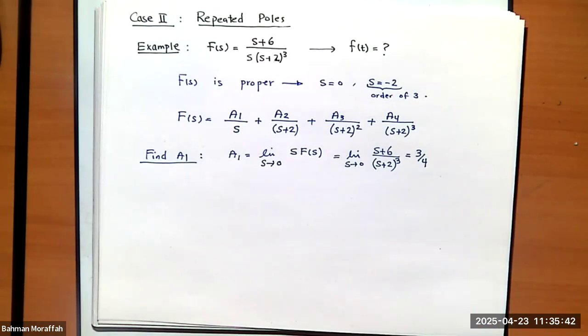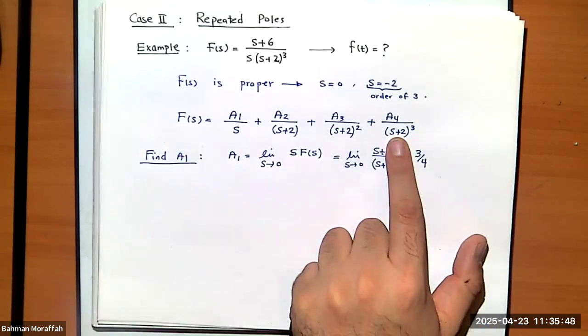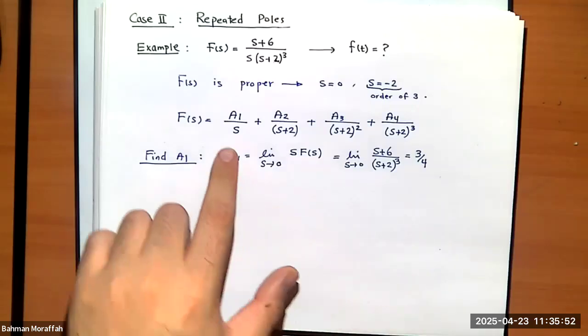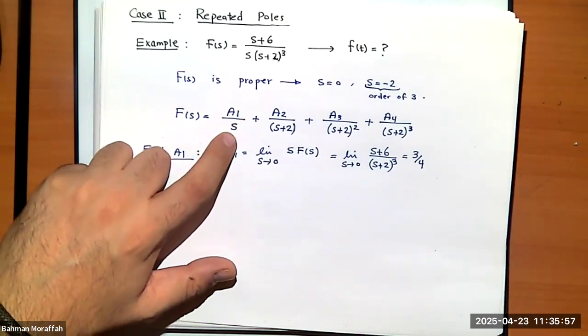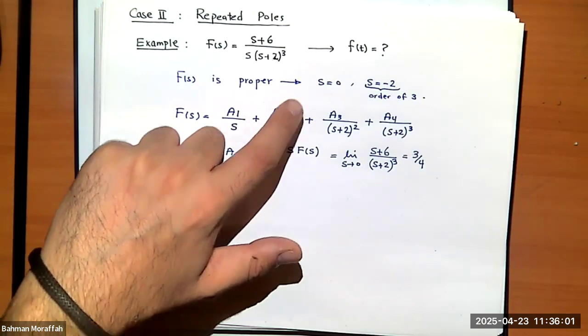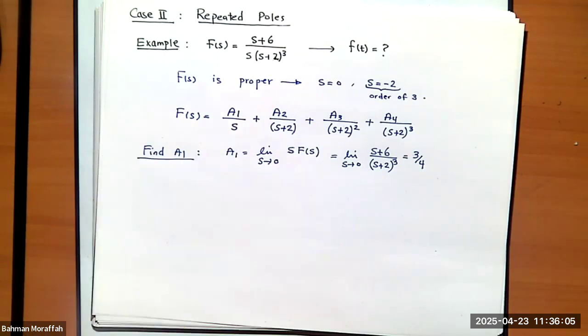And the same logic as in case 1. If I multiply this F(s) by (s + 2) to the power of 3, what do I get? I get (s + 6) divided by s, plus A2 times (s + 2) to the power of 3 divided by (s + 2), which is A2 times (s + 2) squared.